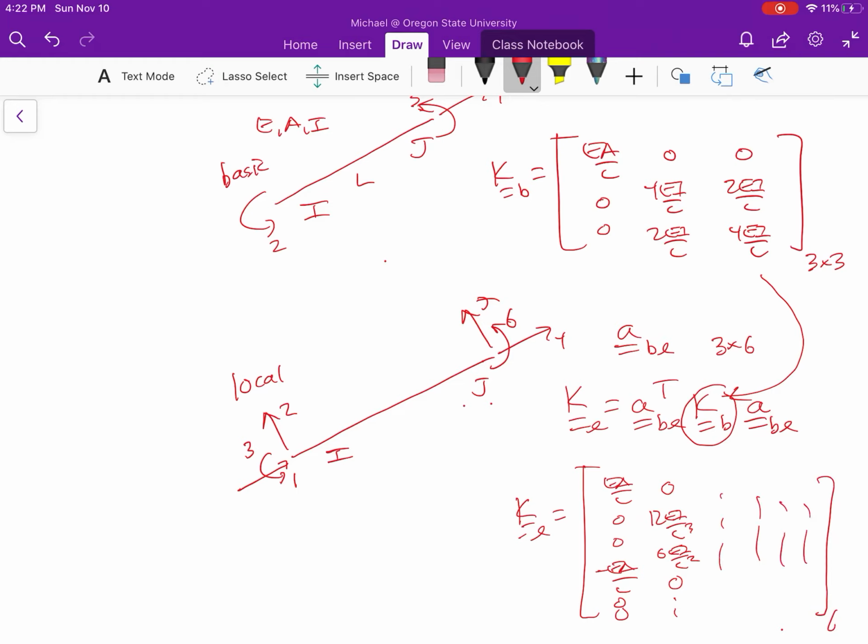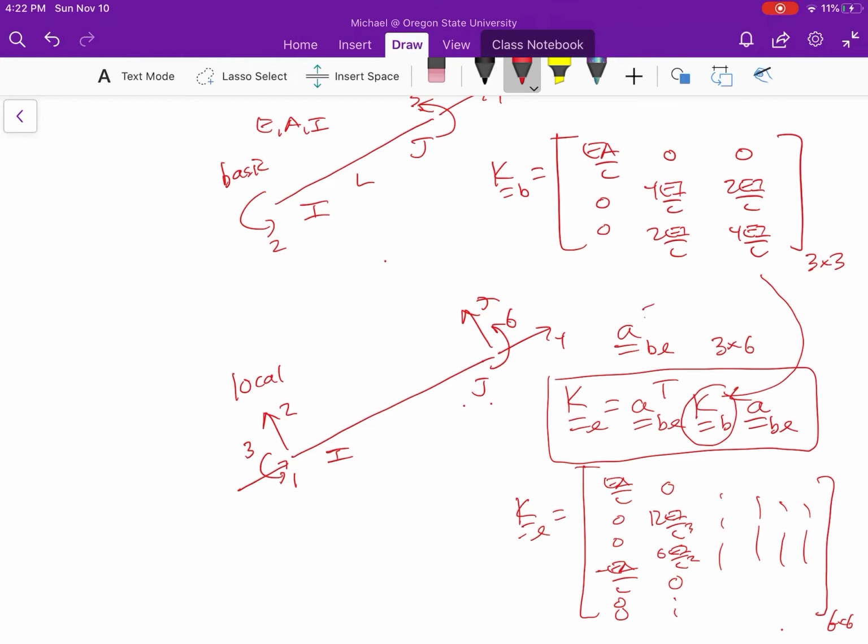It's a 6x6 matrix. The point is that this triple product explodes this 3x3 matrix into this 6x6. And this ABL matrix depends only on the element length.